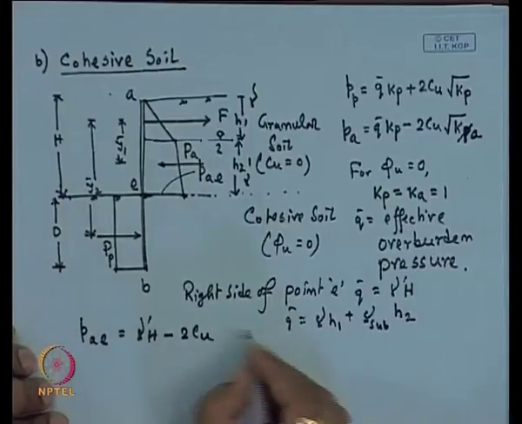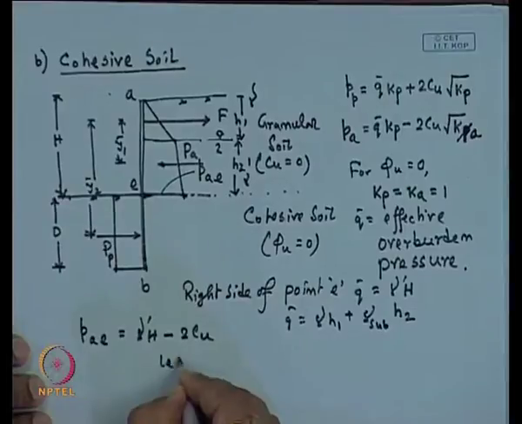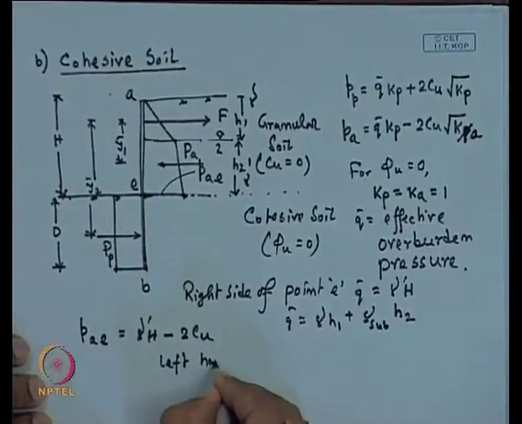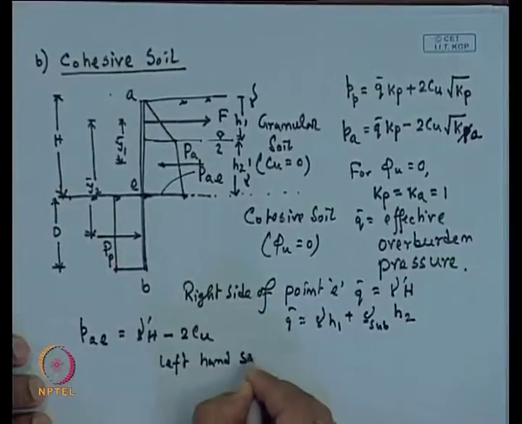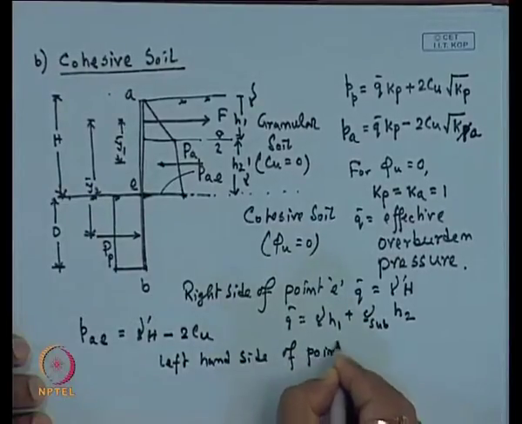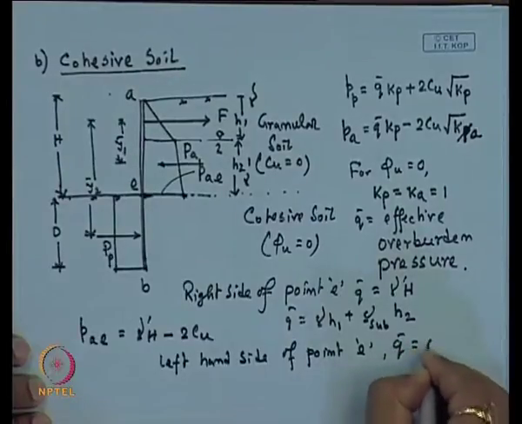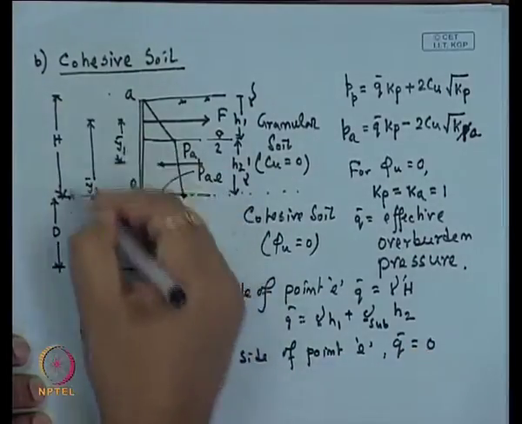Similarly, at the left hand side of point E, Q bar is 0, because here no surcharge is there.